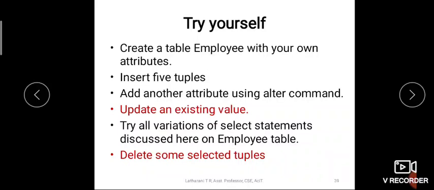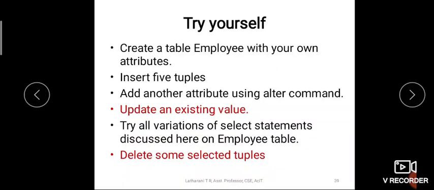Then update an existing value, which I have not taught here, that's why I have made it red. You find out yourself how to make use of the update statement and try doing it. Then try all variations of the select statements which I have discussed here. With the student table I have discussed, you have to try with the employee table. All types of select statements, like statement, with where condition, without where condition.